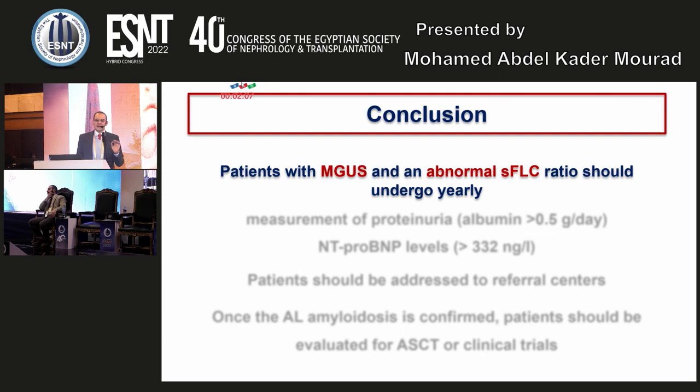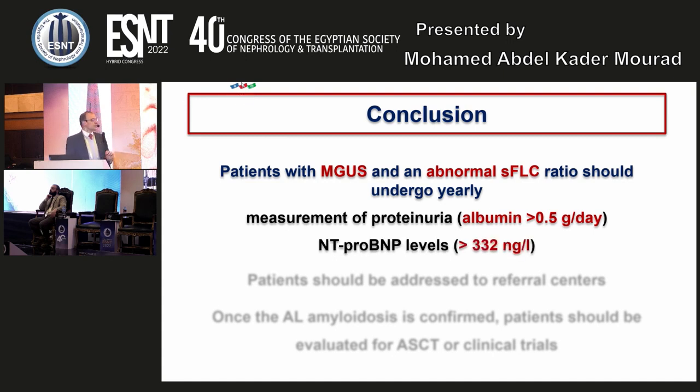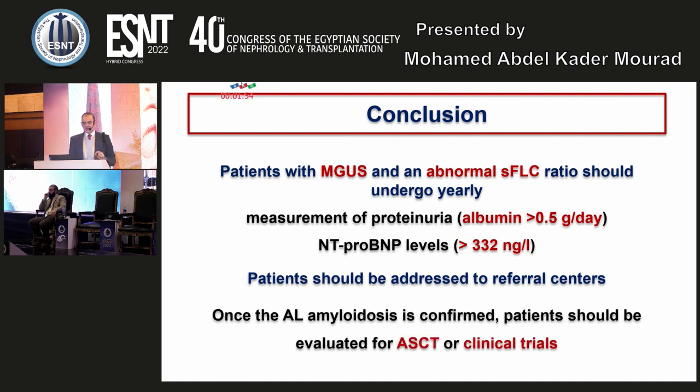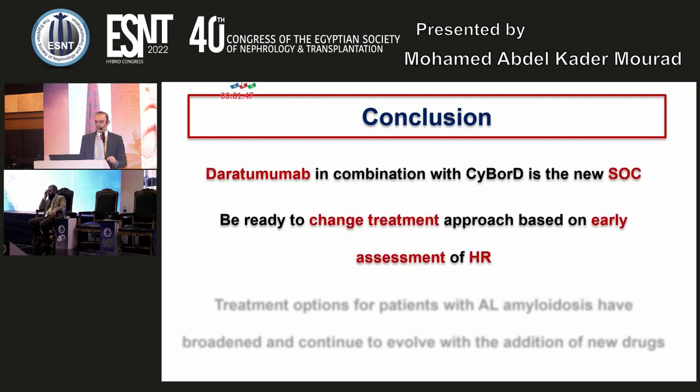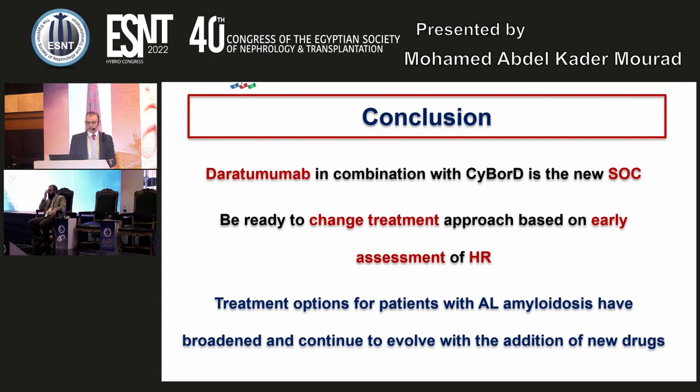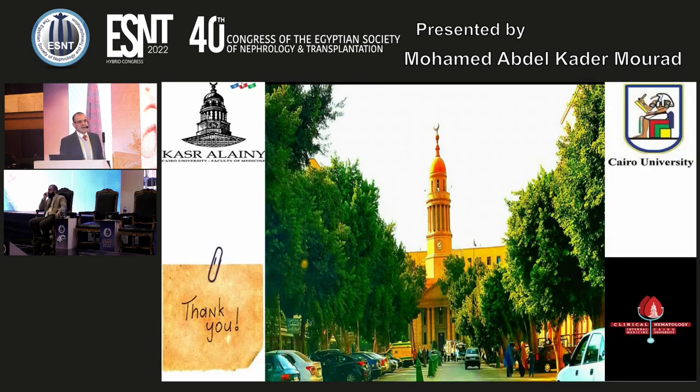Patients with monoclonal gammopathy of undetermined significance should undergo yearly measurement of proteinuria and NT-proBNP. Patients should be referred to a referral center, and once AL amyloidosis is diagnosed, please evaluate for stem cell transplant. Daratumumab is the new standard of care in combination with CyBorD. Be ready to change treatment based on early reassessment, and the treatment options for patients with AL amyloidosis have broadened and continue to evolve with the addition of new drugs. And for that, thank you.